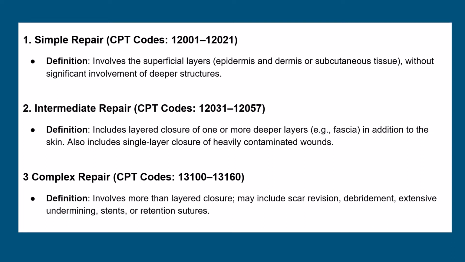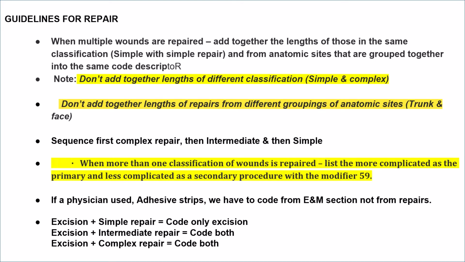So intermediate repair happens at two levels, but if it is a heavily contaminated wound, that also we can code under intermediate repair. And the complex repair involves more than layered closure, and may include scar revision, debridement, extensive undermining, stent or retention suture. Now let us look at the important guidelines.